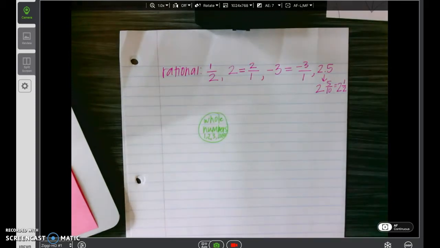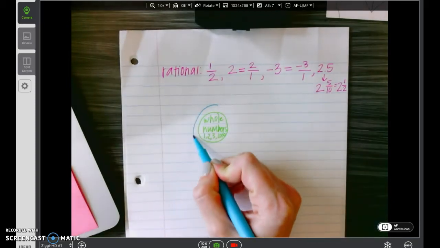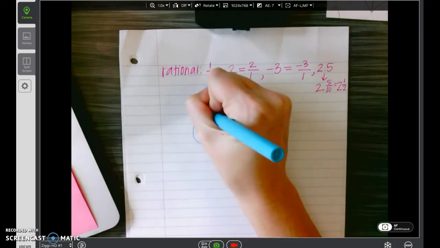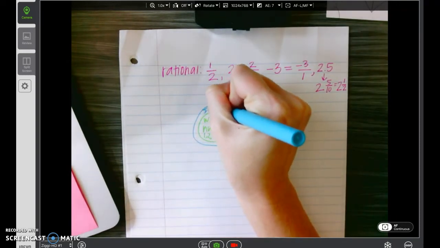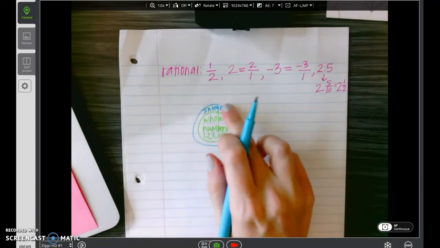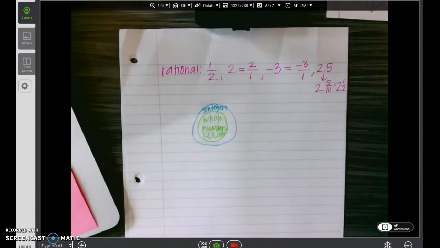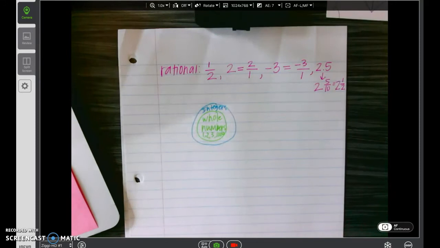Then we have a second circle that's a little bit bigger than whole numbers, and that second circle is labeled with integers. Whole numbers are inside of integers because whole numbers are integers, right? Integers are positive and negative whole numbers.